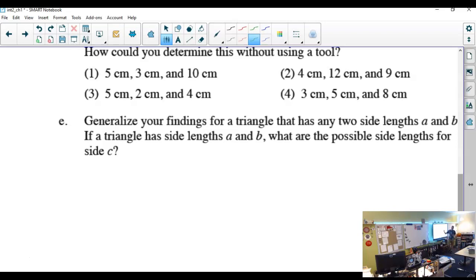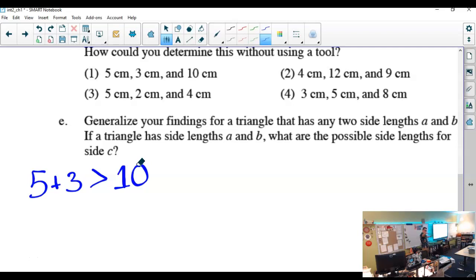So let's check. Is 5 plus 3 greater than the third side of your triangle? No. Immediately, this breaks. Imagine this. We've got 5 and 3, and the distance between these endpoints is 10?